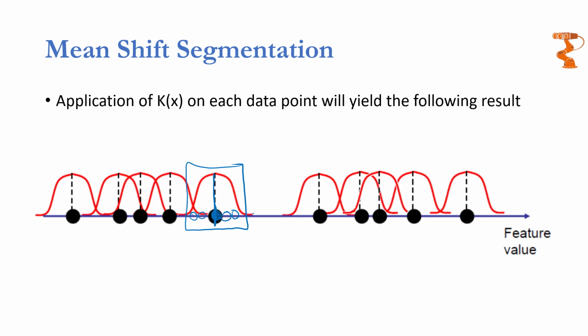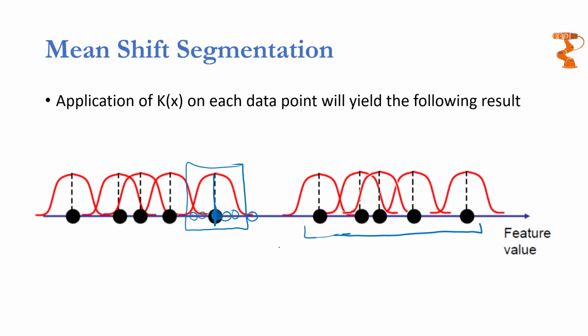But the point lying over here has minimum or negligible probability. So application of this kernel function onto all 5 points over here will look like this, and application of this kernel function on all 5 points over here will look like this.